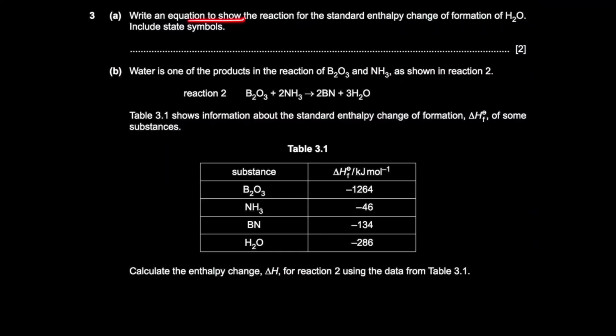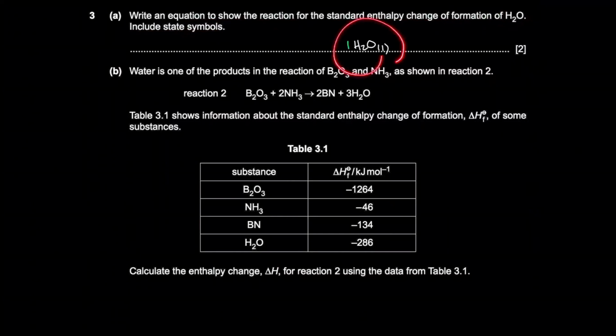Write an equation to show the reaction with a standard enthalpy change of formation of H2O. Include state symbols. Standard enthalpy change of formation means 1 mole of H2O being produced from the elements in their standard state. We're going to have H2O liquid, and we're going to have 1 mole of this.